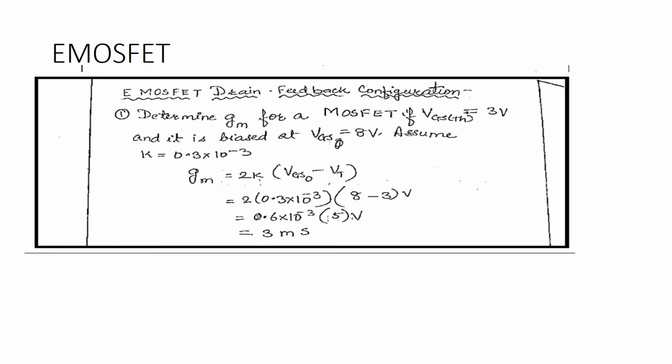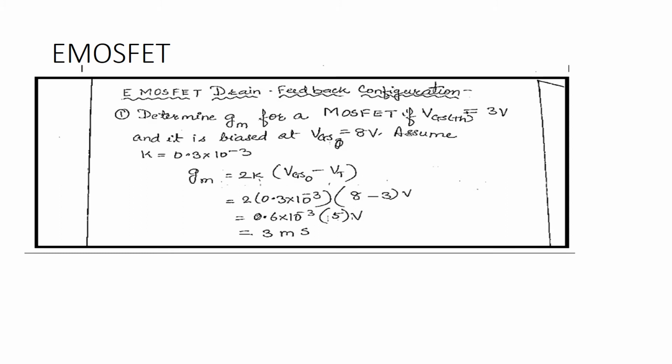Now we are moving into MOSFET. So MOSFET, drain feedback configuration. First we'll solve how to calculate the value of input conductance for the MOSFET. Here the threshold voltage between gate and source is given to be 3 volts, and it is biased at VGS equal to 8 volts. So the constant K is equal to 0.3 into 10 raised to minus 3.